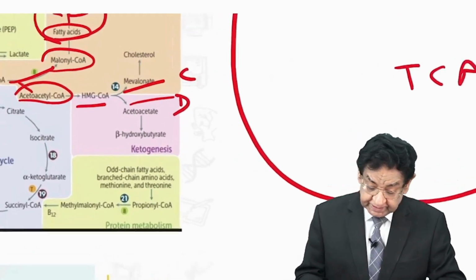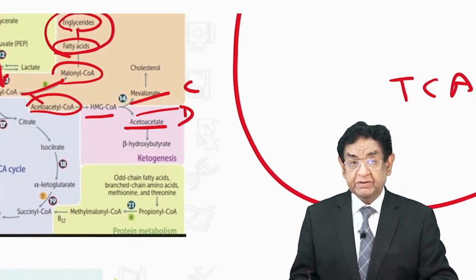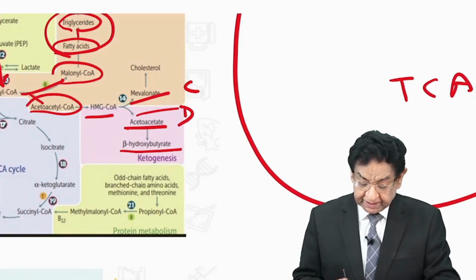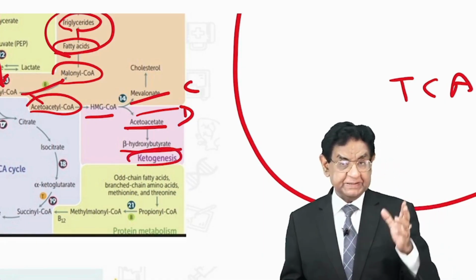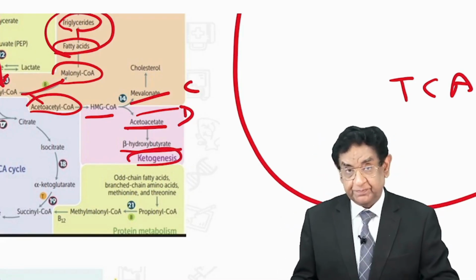So you can see it is getting converted into acetoacetate. Now this acetoacetate gets converted into beta hydroxybutyrate. These are the two ketones, so-called ketogenesis. So finally we got ketones formed.